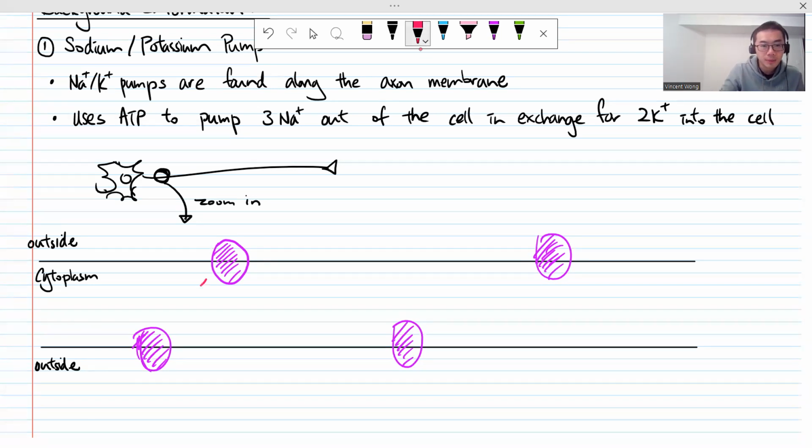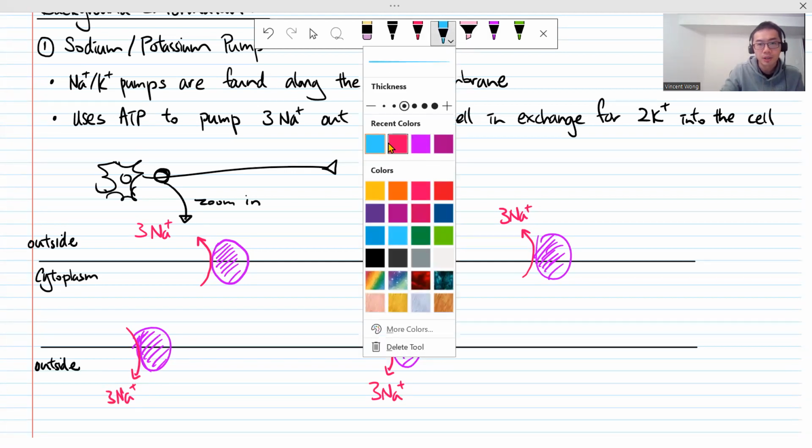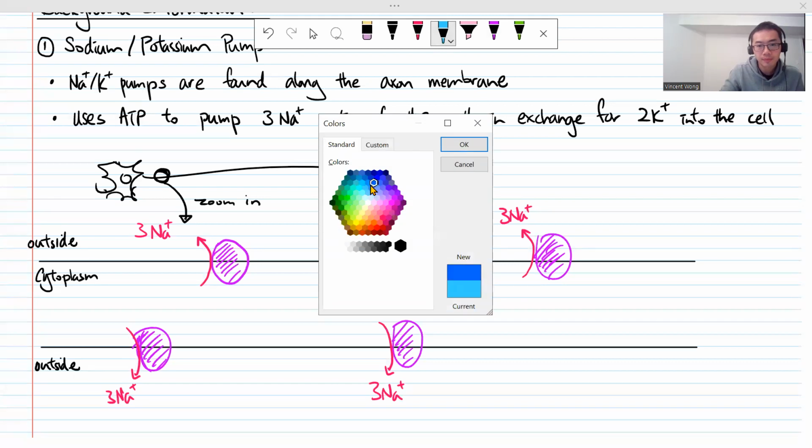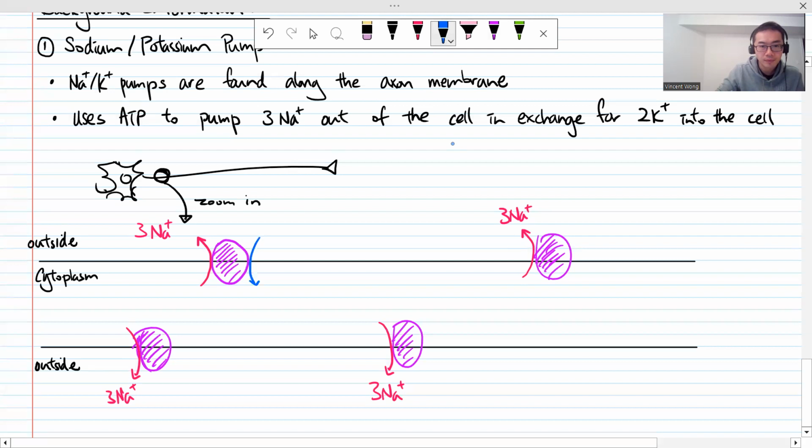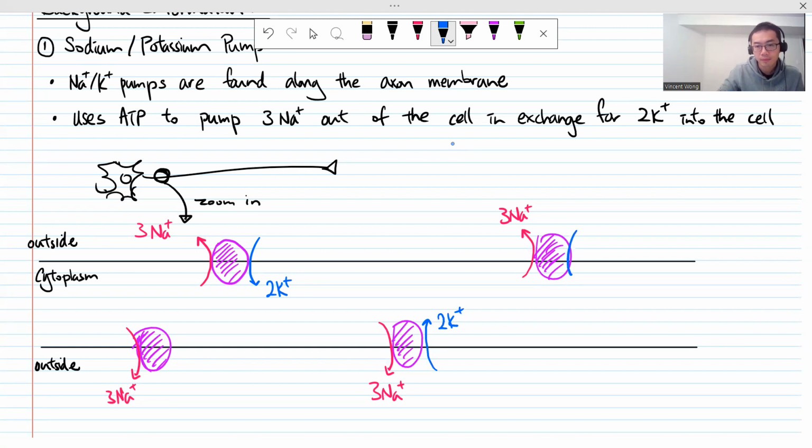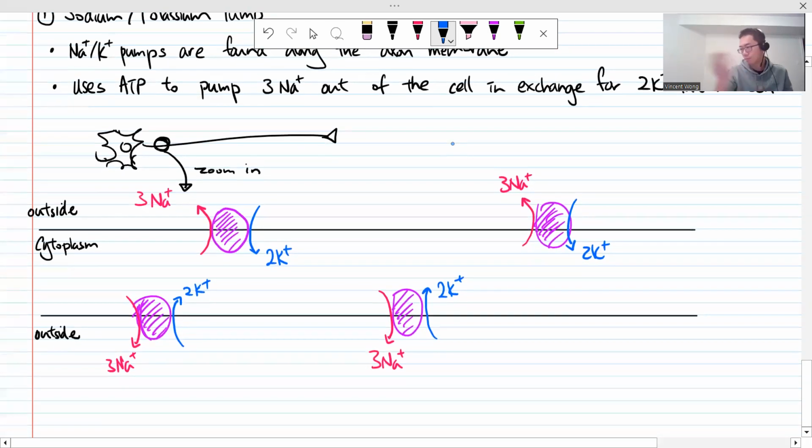And we are going to be pumping sodium out, 3 sodium out, in exchange for 2 potassium. Let's just take a moment to draw that.